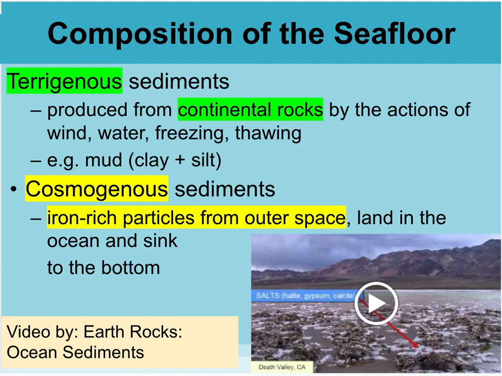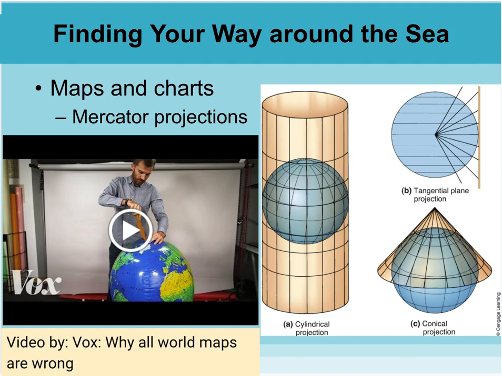Then you can have terrigenous sediments. These are just rocks that are broken down over time by water, wind, freezing, thawing, all those different ways. Or even cooler, you can have cosmic sediments that come from outer space and land at the bottom of the ocean. So this is a video by Earth Rocks, Ocean Sediments, that goes over that a little bit more.